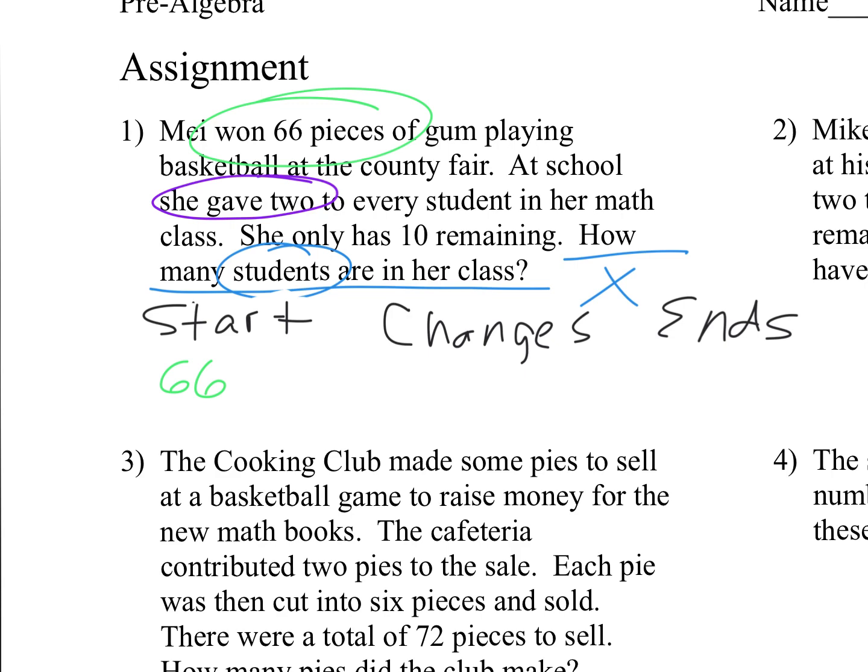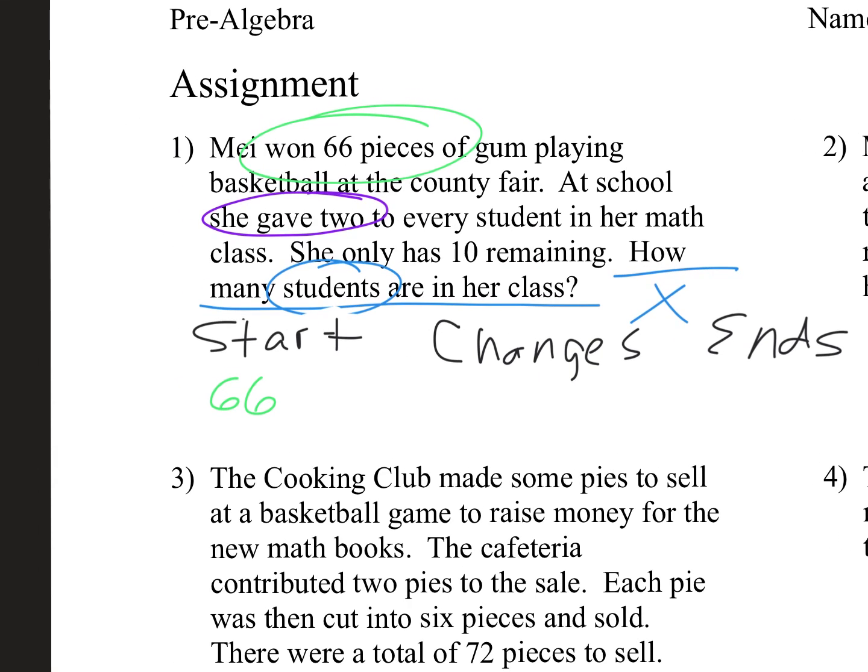So she started with 66, and if she's giving 2 pieces to every kid in her class, that means it's going to be subtraction. The change is that it's going down, like however much she has is going to be decreasing. And she gave 2 to every student in her class. Well, we know that we're using x to represent the number of students, so she started with 66, and we're going to take away 2 per every student.